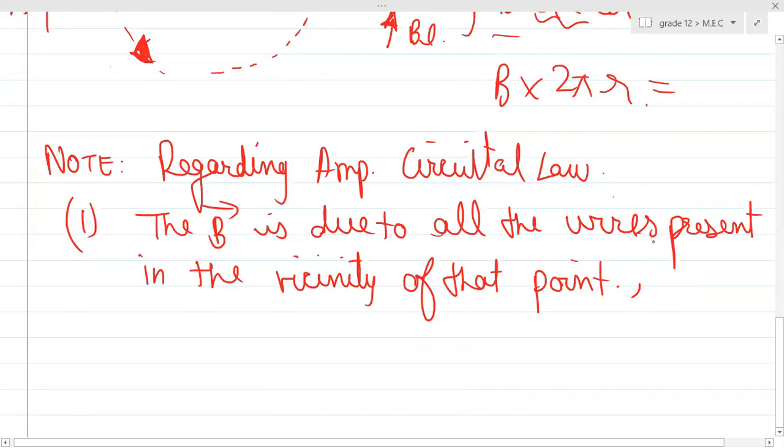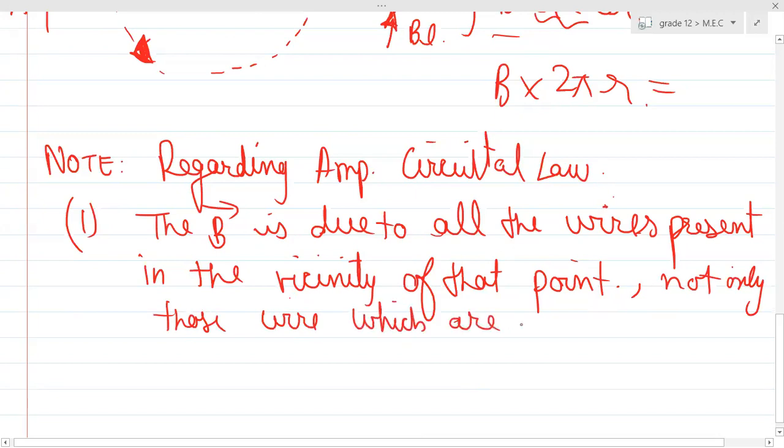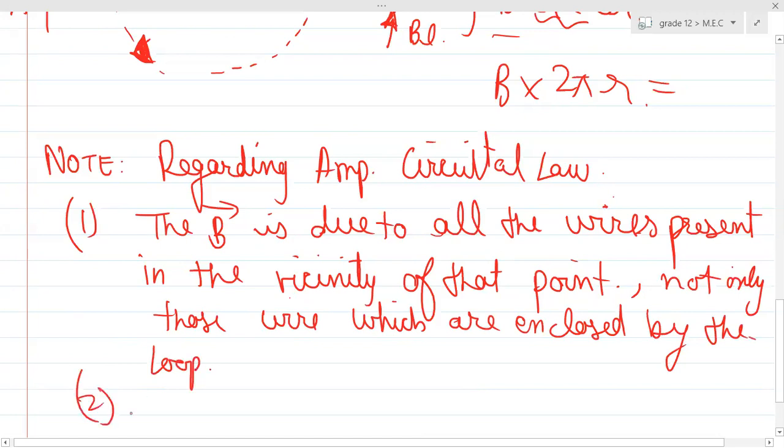Similarly, the magnetic field is due to all the wires present in the vicinity of that point, not only those wires which were enclosed by the loop. So is it clear, guys? Okay. The second point.